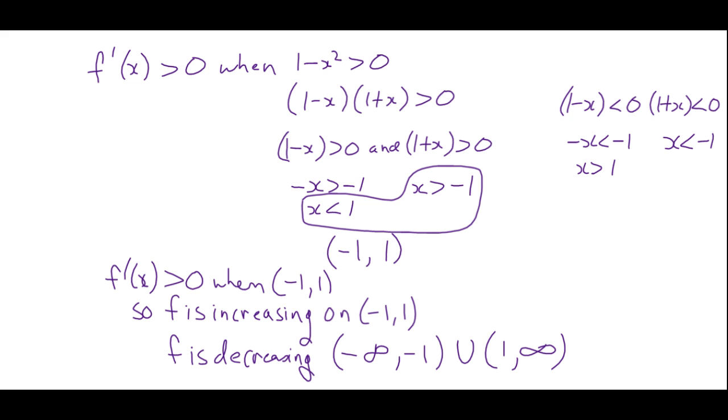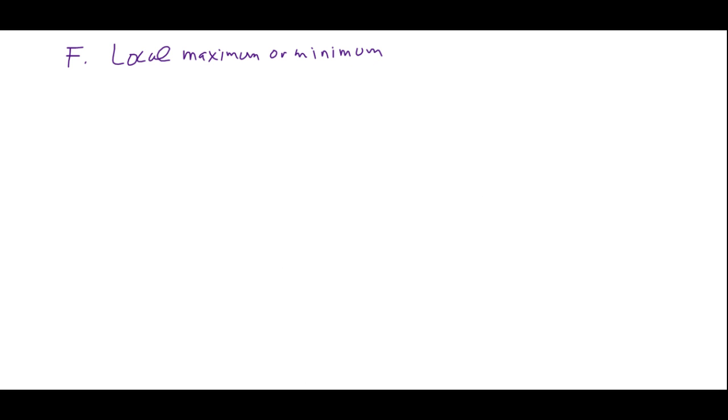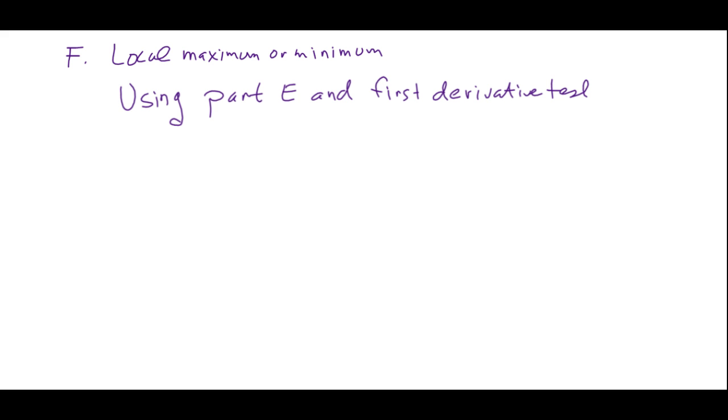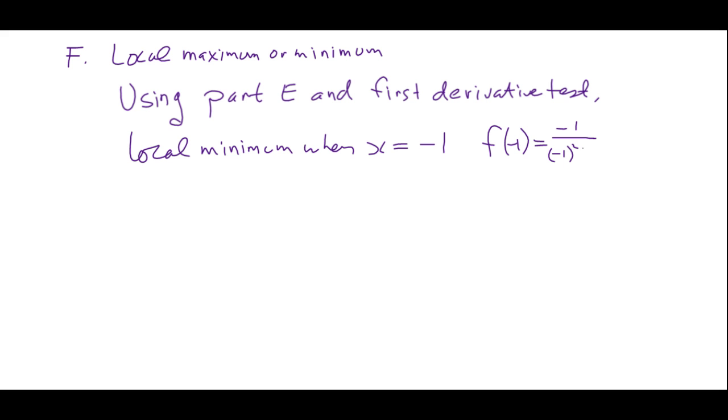Okay, so let's do that. So using part E and the first derivative test, local minimum when x is -1, and f of -1 is going to be -1 over (-1) squared plus 1.